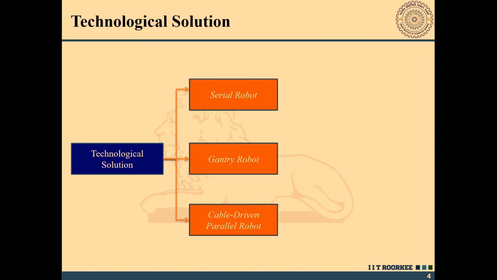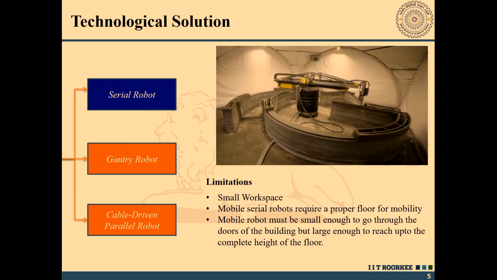If we think about the possible solutions for the use of robotics in construction, there could be 3 possibilities. One is the serial robot, another is the gantry, and the third one is the cable driven parallel robot. If we look at the serial robot, this is how it can be used for printing of a house, but because it has a fixed base, naturally the workspace is going to be smaller.